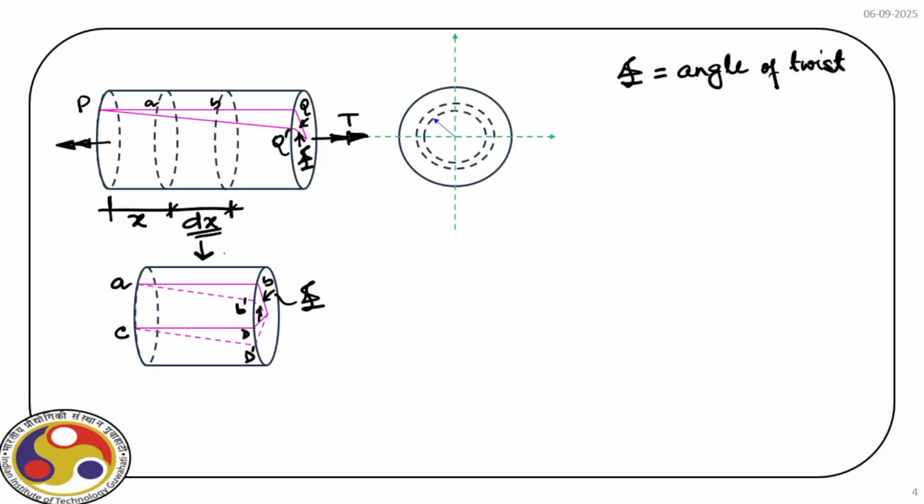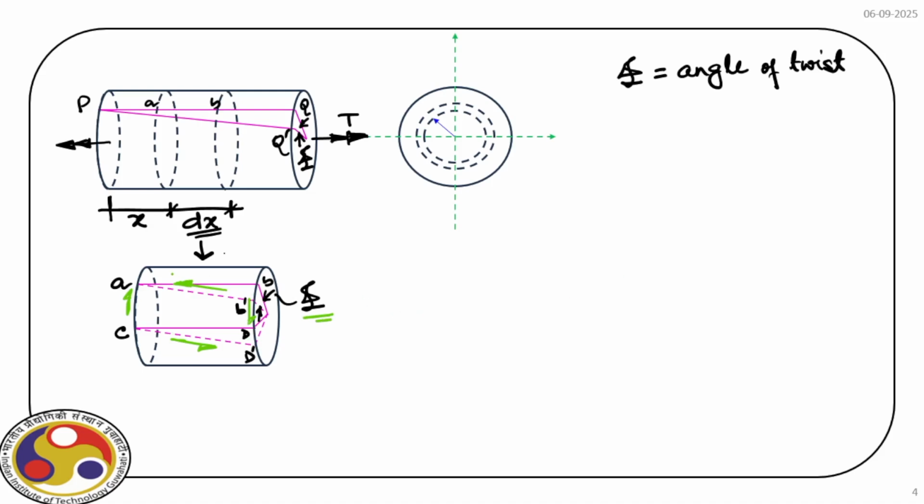If we mark the shear stresses using a different color, at this end we have shear stress acting this way. On the other face, again, it will develop shear, and we will also have complementary shears. That is how the shear stresses are developed at the surface because of the rotation phi.